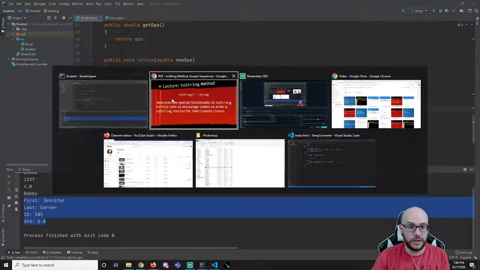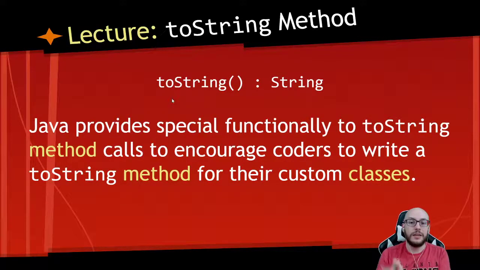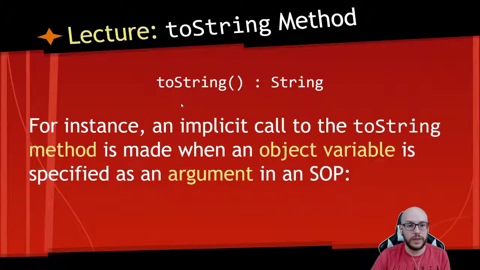This is a convention. However, there's incentives in Java that encourage you to write these things, aside from us having one method that just gives us our entire state. For instance, an implicit call to the toString method is made when an object variable is specified as an argument in an SOP.